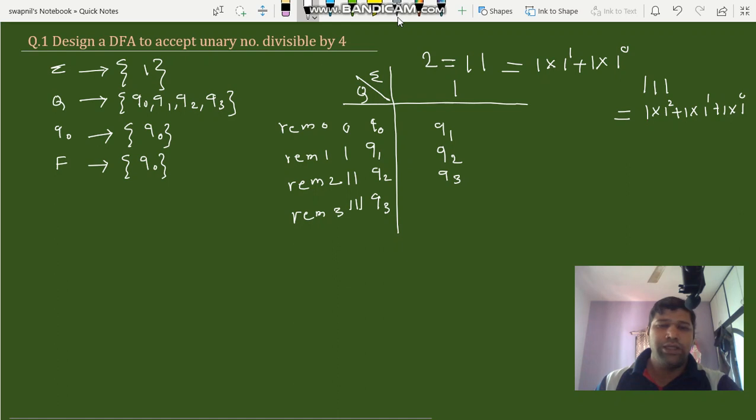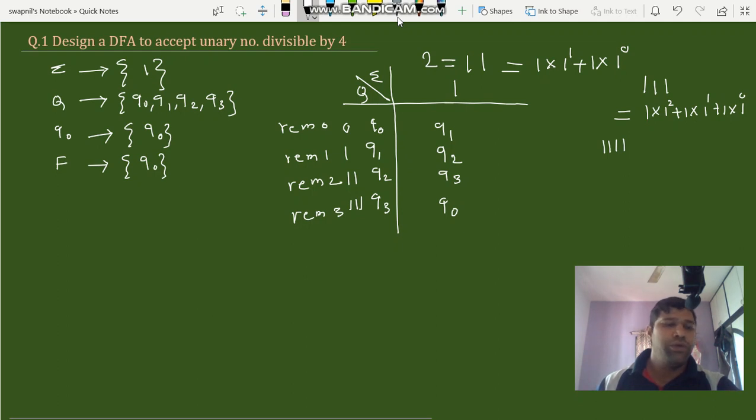Next, triple one plus one more becomes 1 1 1 1, whose decimal value is 4, and 4 divided by 4 gives remainder 0, so the state for remainder 0 is q0. So this is the state transition table for designing a DFA to accept a unary number divisible by 4.